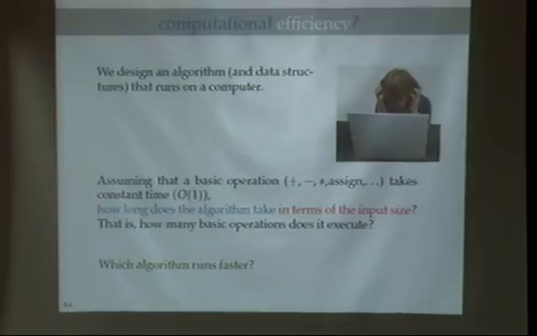If there are n points, our algorithm may execute at most c times n basic operations for some constant c, then we say the algorithm takes only linear time. If we need roughly n squared basic operations, then it's quadratic time complexity.